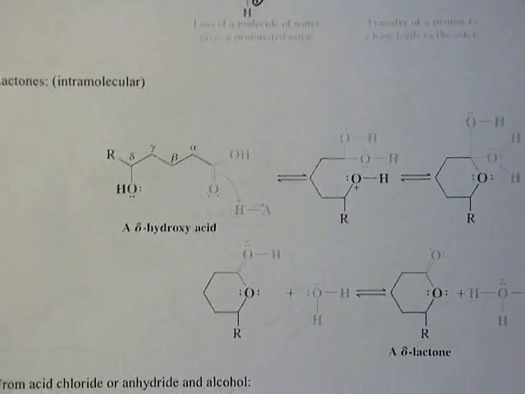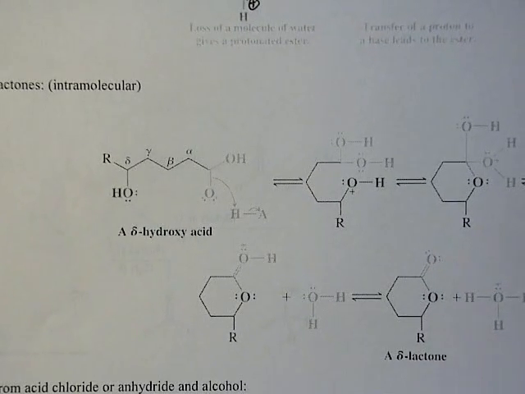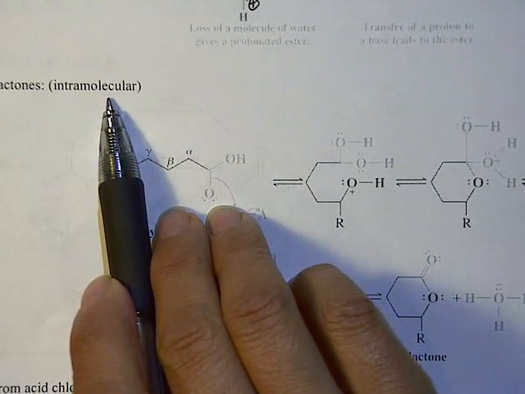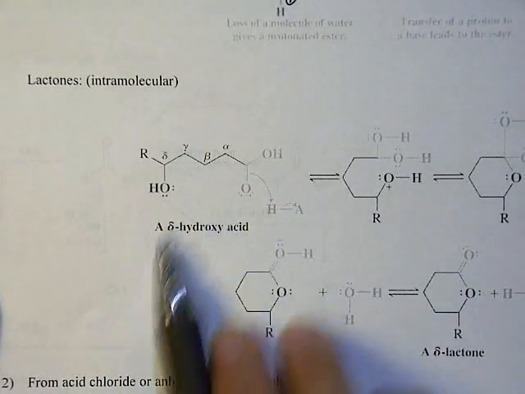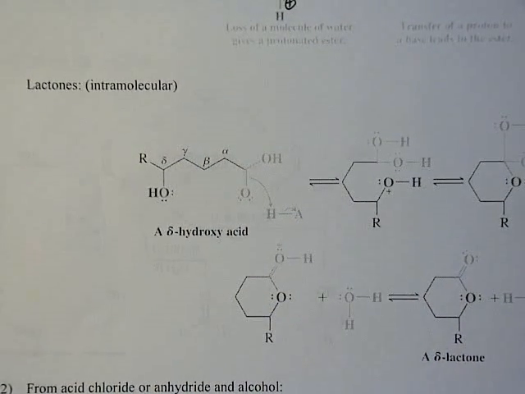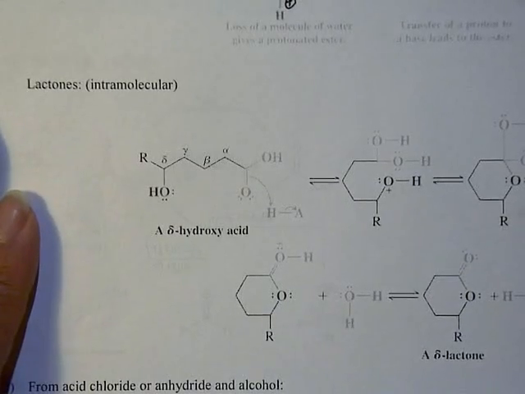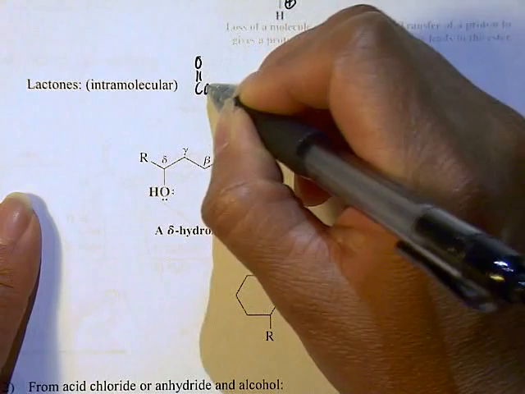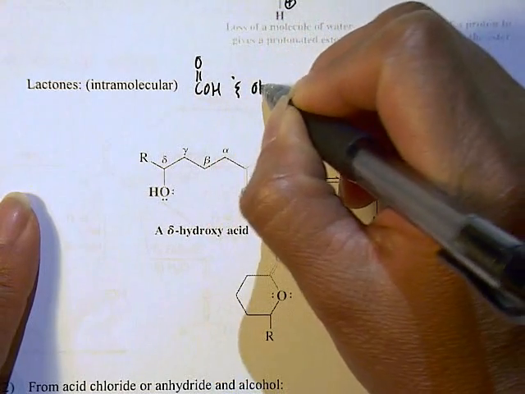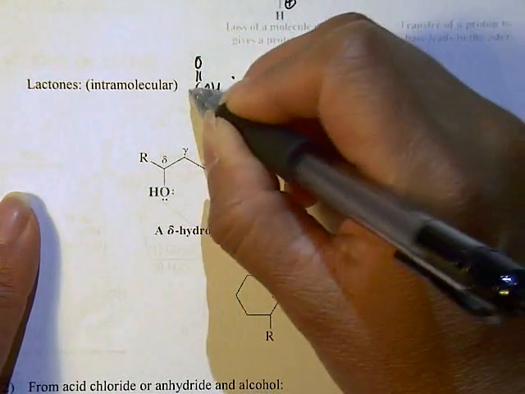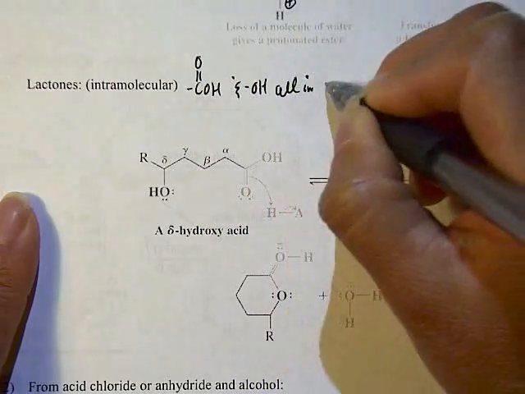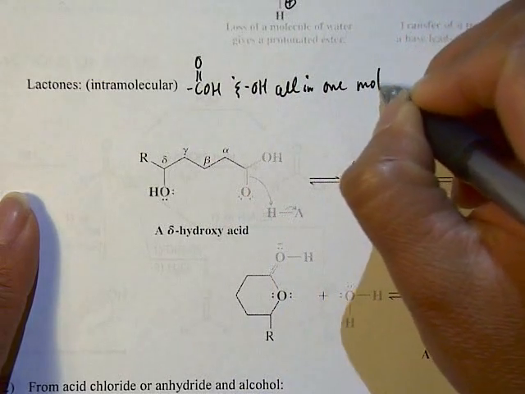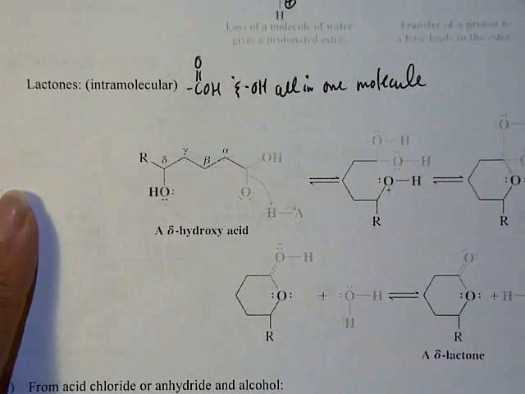Okay, so the same reaction occurs if you're doing an intramolecular esterification reaction, and the only reason I'm showing you this is because a lot of students get stumped when you're asked to do intramolecular reactions. So when you have a carboxylic acid and the alcohol all in one molecule is when this could happen, right?